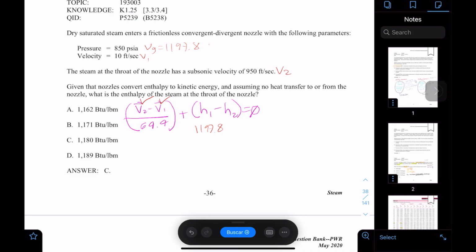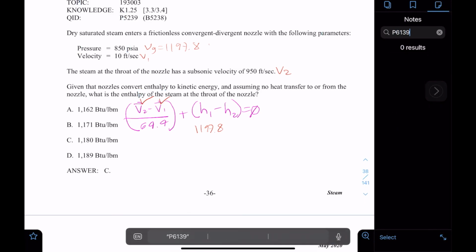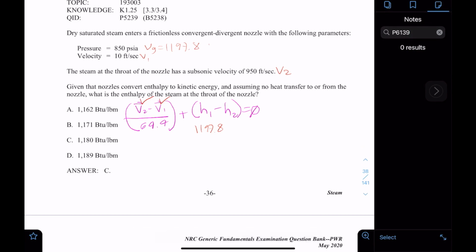There's another one. This one I will give you the formula as well. It's going to be P6139. 6139? Why? I don't have it in here.